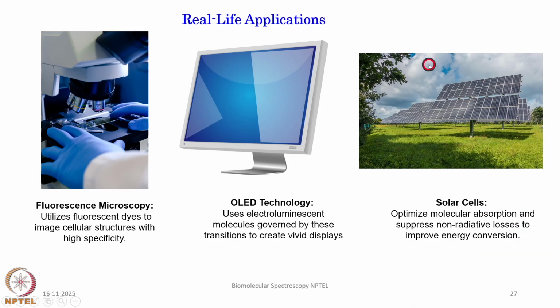You can also tune your solar cell for molecular absorption, so that you suppress the non-radiative loss and improve energy conservation. So, the basic concept of spectroscopy can be used in life science, in OLED technology, or even in photovoltaic cells, and that is the real-life application of the spectroscopy we are studying today.